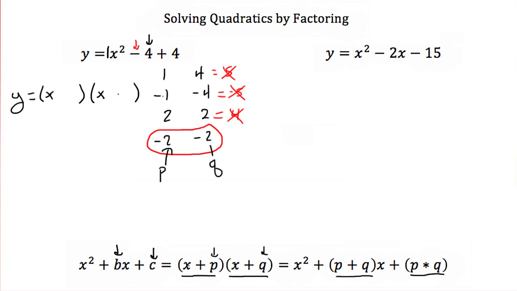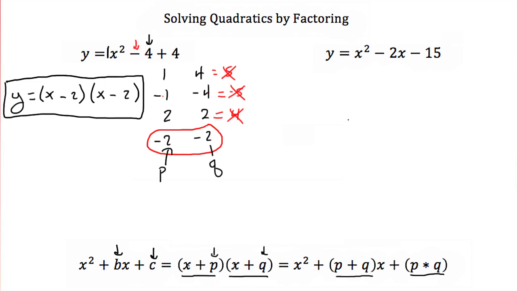And then the other numbers in these binomials would be a minus 2 and then a minus 2 again, because our p here is a negative 2 and our q here is a negative 2. So this is the factored form of y is equal to x squared minus 4x plus 4.